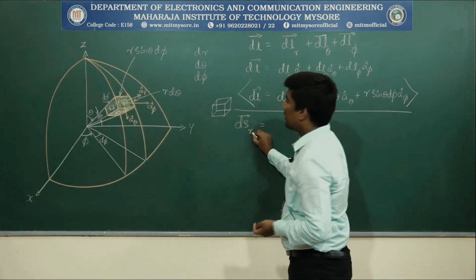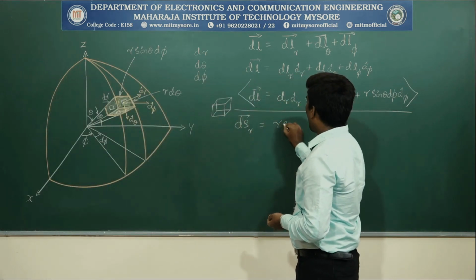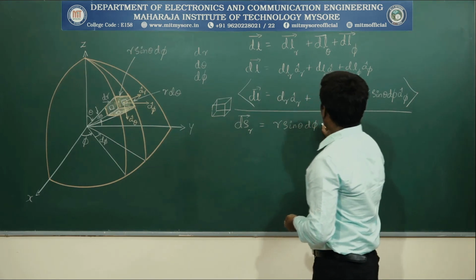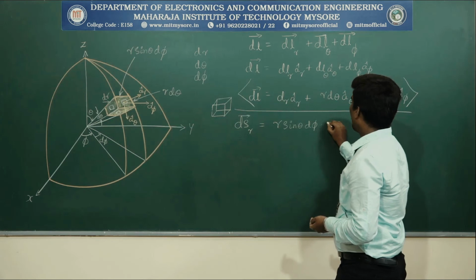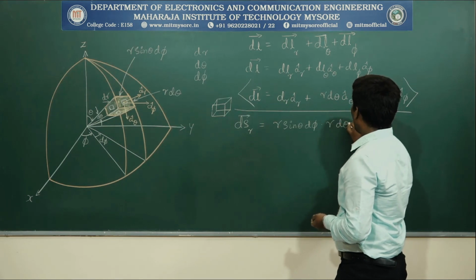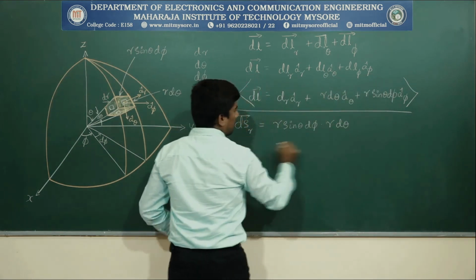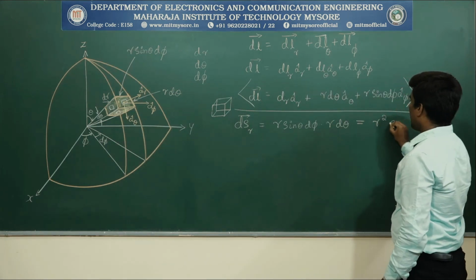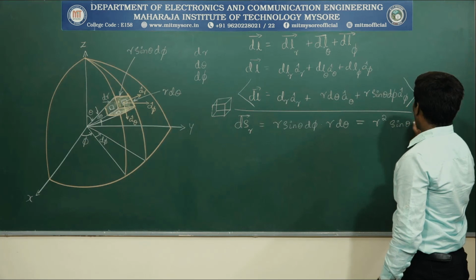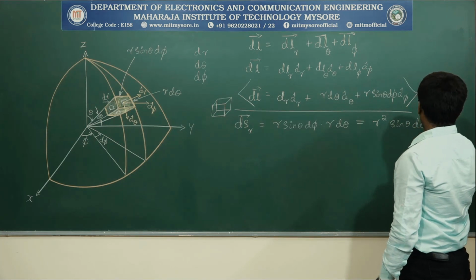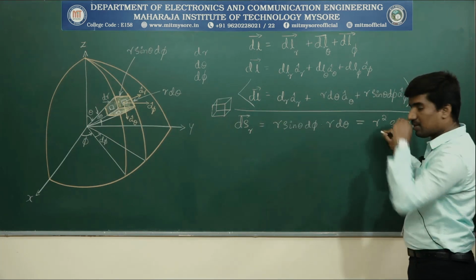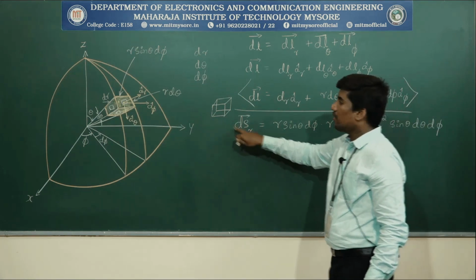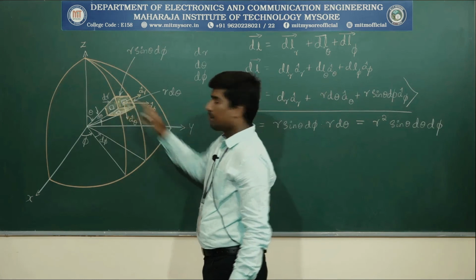Therefore ds in terms of r is equal to r sine theta into d phi into r into d theta. Therefore this can be represented as r square sine theta into d theta into d phi. This is the differential surface area for r.